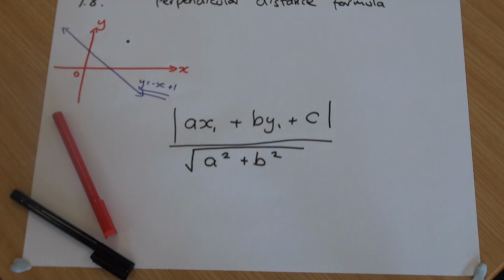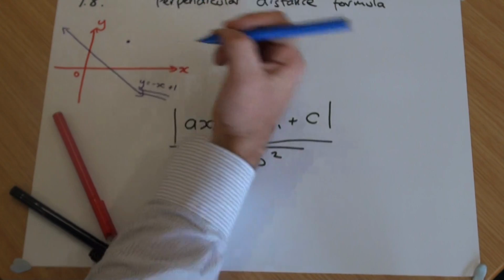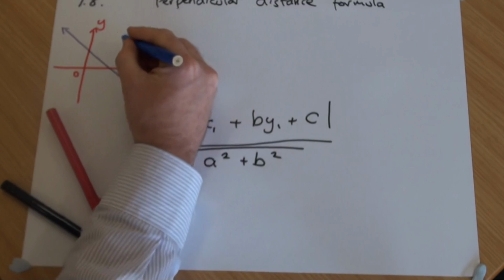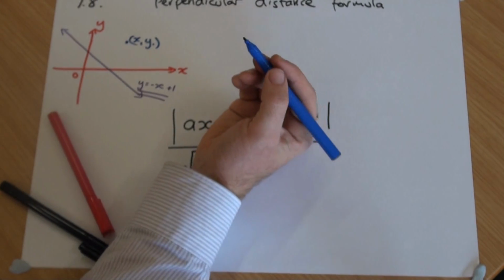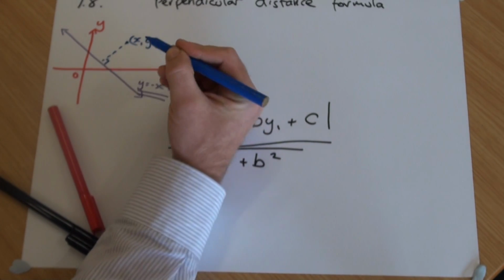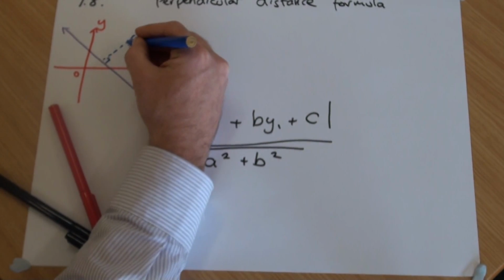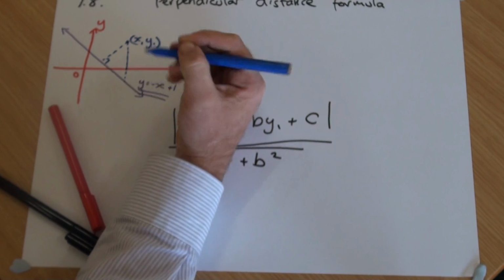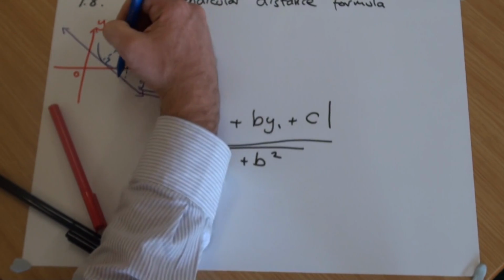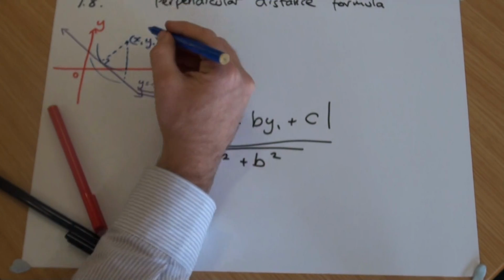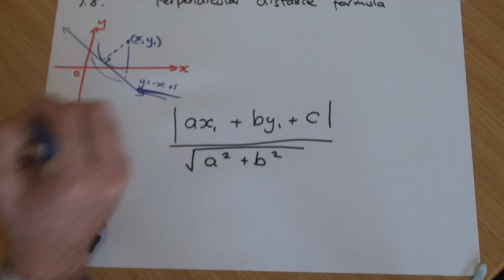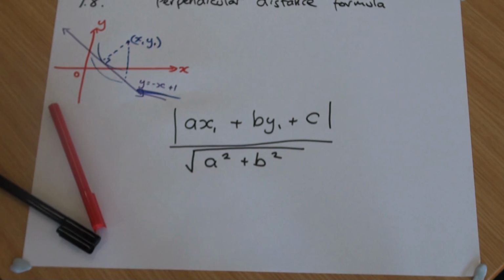What they want to know is how far is this point, x1, y1, from this line at the shortest distance? You know that the shortest distance is going to be the perpendicular distance, because that's the perpendicular distance. This is obviously going to be longer. If you draw a circle, obviously the perpendicular distance is going to be the shortest distance. So we want to know the shortest distance from this point, x1, y1, to the line y equals minus x plus 1, or any line.